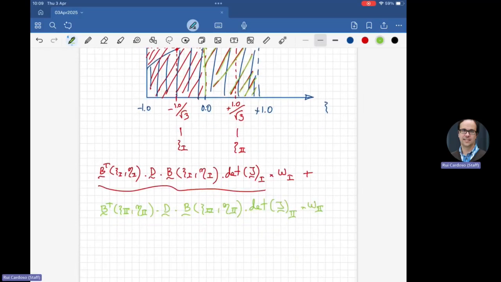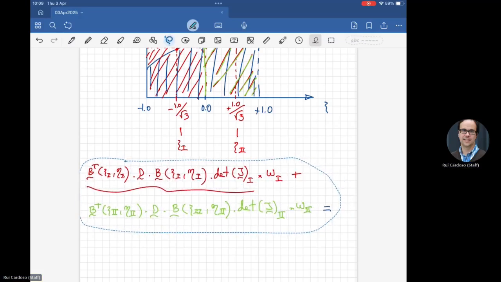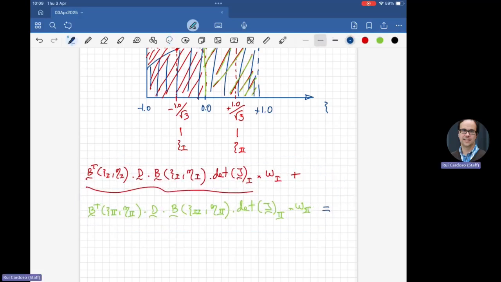So basically what I'm saying is the result of this is going to be equal to my stiffness matrix. This is the analytical.